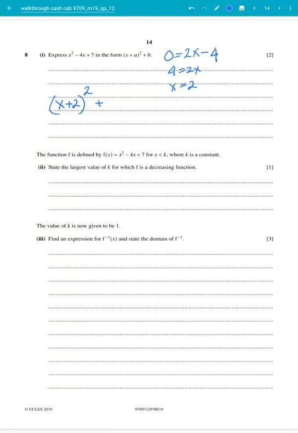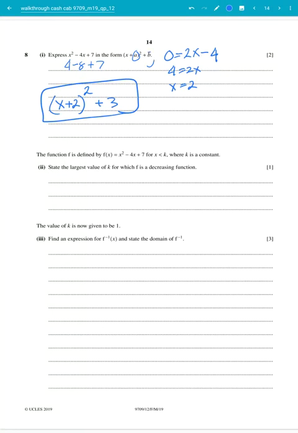So 4 minus 8 plus 7, which is 3. So you can do complete the square if you remember how to do that. That's fine. You can also use the derivative to help you get into that, which is what I did. I took the derivative, set it equal to 0 because I know that's the stationary point. And the stationary point happens at x equals 2, so that has to be my a value. And then if you plug that a value into your original equation, that gives you the y coordinate of the vertex, which is your b.